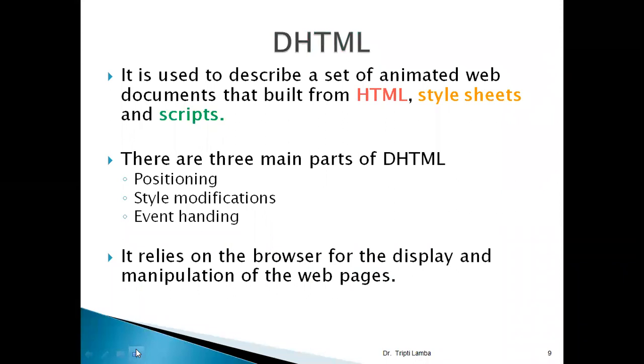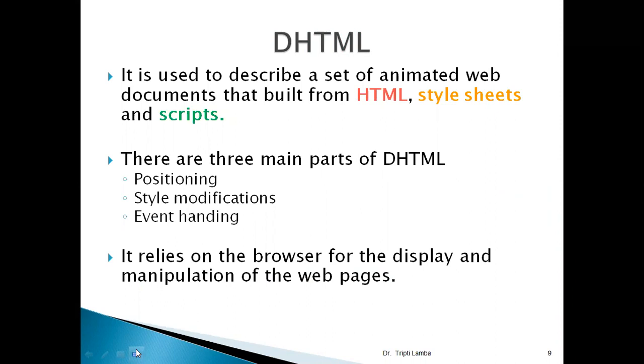HTML I have covered. Now, DHTML is used to describe a set of animated web documents, right? These web documents are built with the help of HTML, style sheet, and script. Now, what all can we do with DHTML, let's talk about. It consists of three main parts.